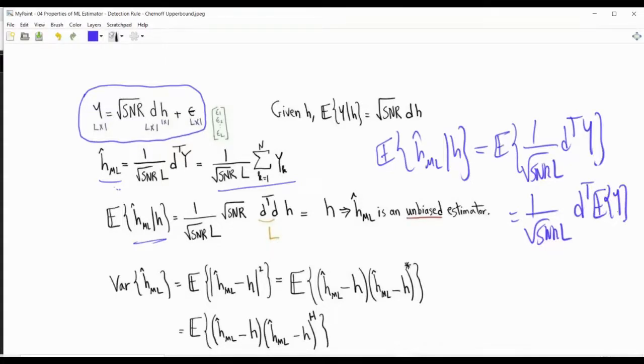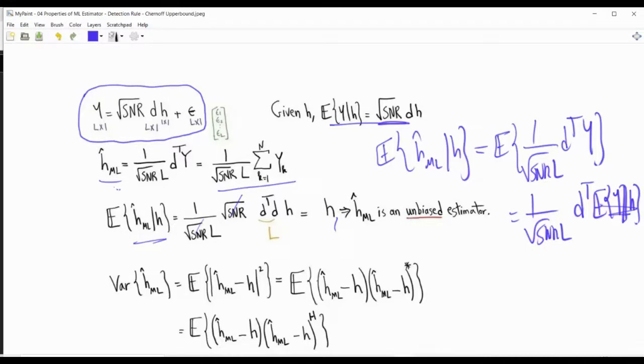Okay. And Y given H, if you want to be super accurate. What is the expected value of Y given H? It is just this first term here because the noise is zero mean. So plug in the expectation of Y given H, and you will find that this will cancel with this, D transpose D is L, L cancels with L, and you get H itself.